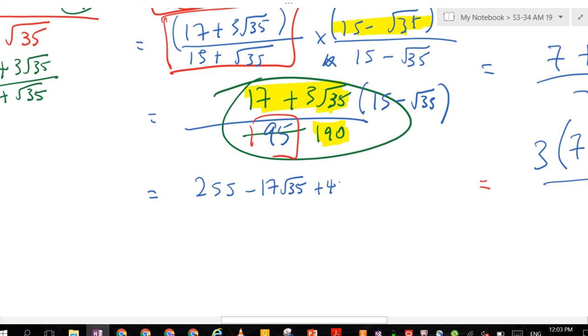I have plus 45 root. Yeah, I need to bracket. So 17 times root 35 I get this. 17 times 15 I get 255. 17 times this I get this. This times this I get this. The last one I get what?